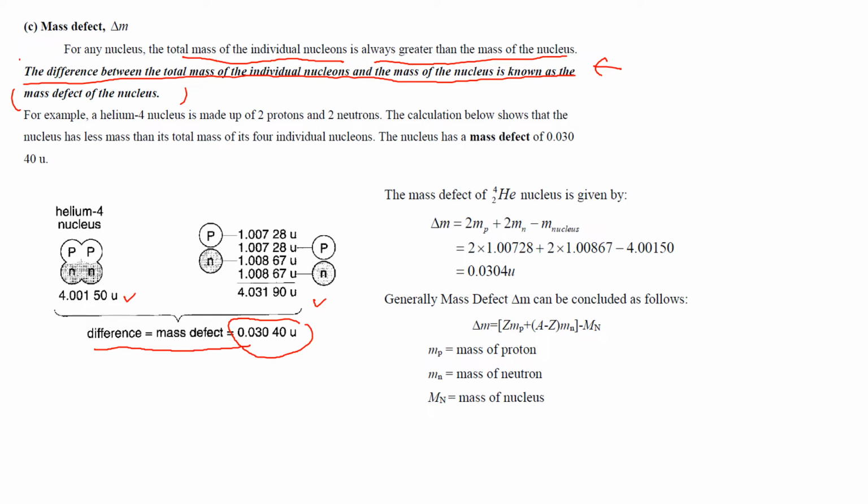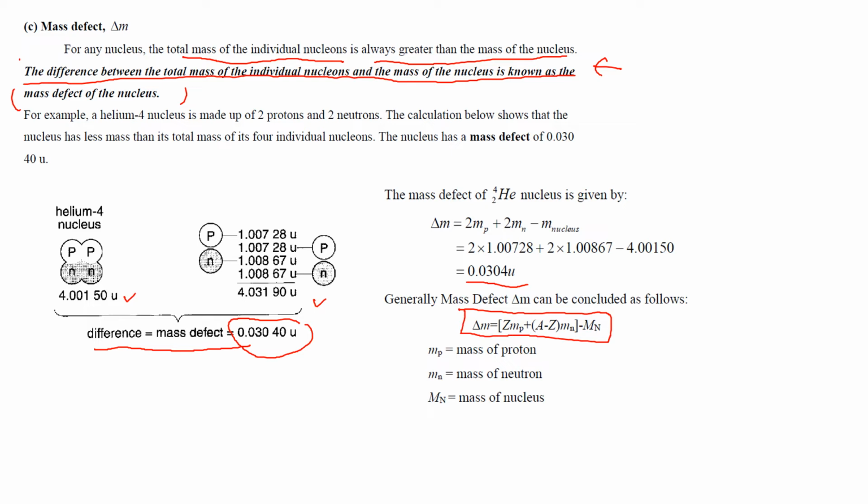You have 2 protons and 2 neutrons, these are the values of the proton and neutron. Substitute and then minus the nucleus, and you will get the difference of 0.03040 U.